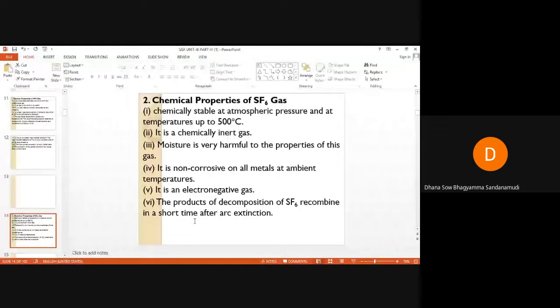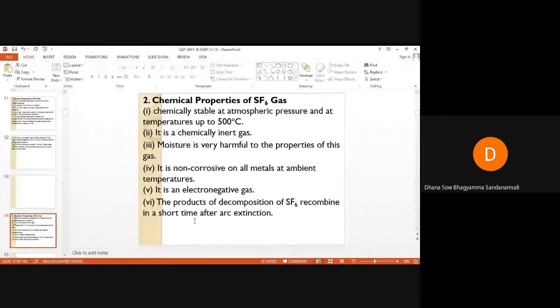So because of this electronegativity, the arc time constant of SF6 gas is very low. Arc time constant means the time between current zero and the instant at which conductance of the contact space reaches zero value.